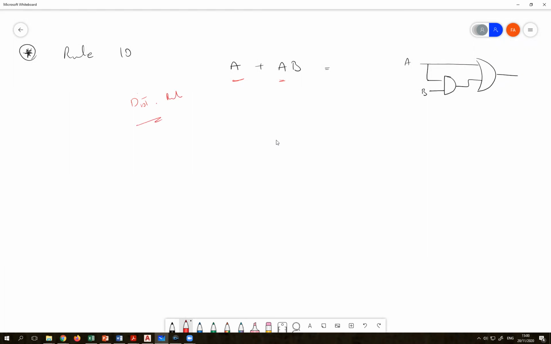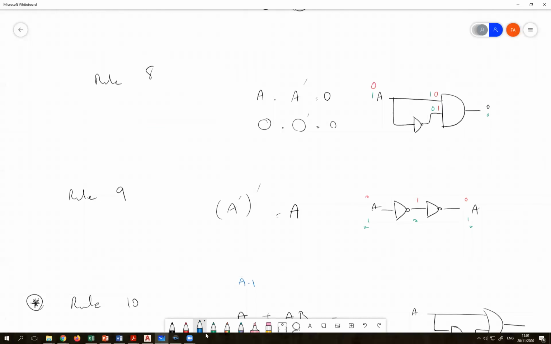And I see A in both terms. So I take a common factor of A. If you take a common factor A, can I write A as A and 1? Because A and 1 is always what?